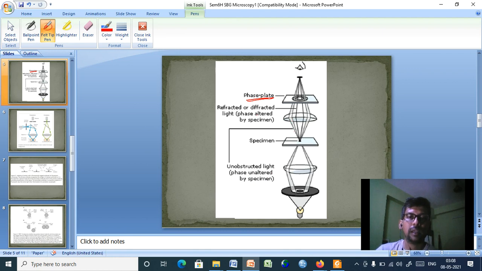And the second one is known as thin line, refracted or diffracted light. This is known as phase altered by the specimen. So these two portions, the unobstructed former one and the refracted light, form an image which can differentiate by this quality, and they can reveal its cellular pattern easily and in a live condition.